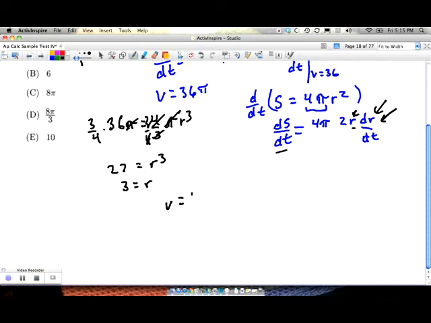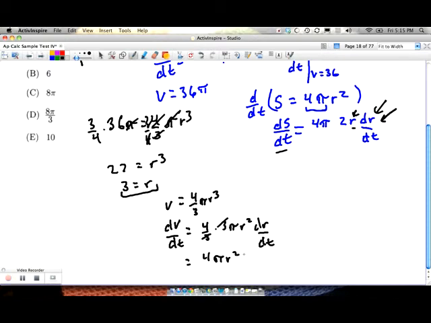But I do know that v equals 4/3 pi r cubed, and if I take the derivative of both sides with respect to t, dv dt is going to be 4/3 times 3 times pi r squared dr dt. And these 3s cancel out, so I get 4 pi r squared dr dt.